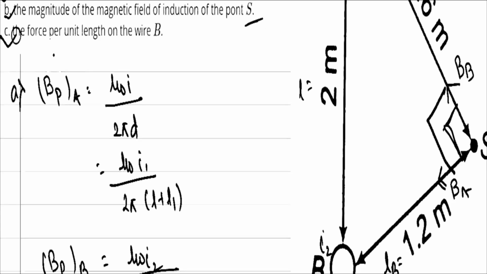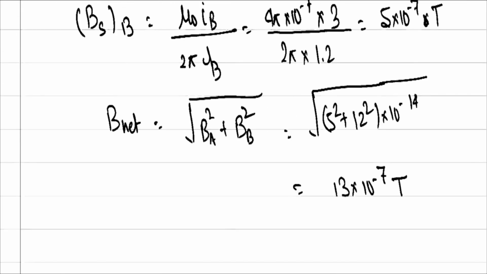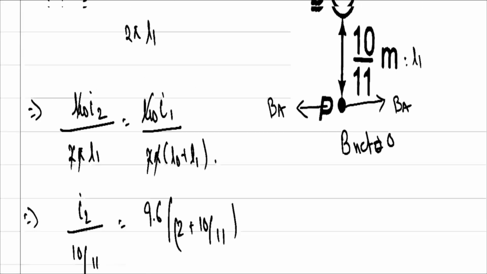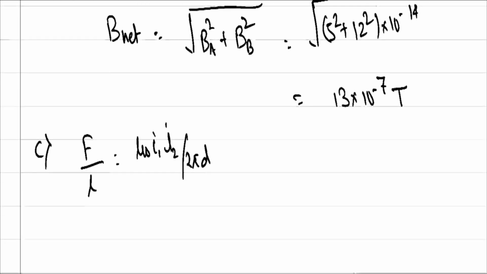Now part C. Force per unit length on wire B. So class, we all know the force per unit length will be mu naught I1 I2 divided by 2 pi d, where d is the distance between the wires, and here d is 2 meter.